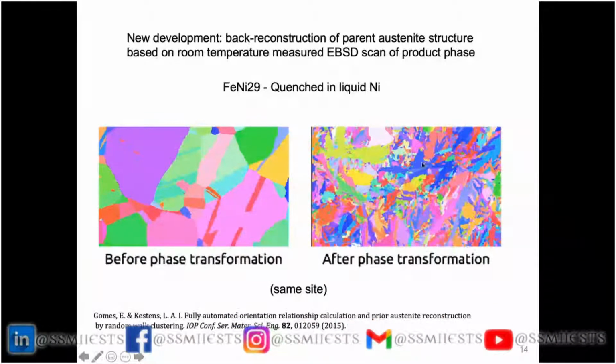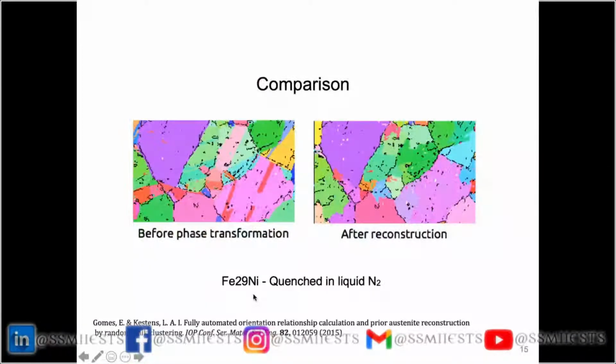And now we are going to use our crystallographic correspondence relations to calculate from this structure back to that structure, and then we can compare. So this is the reconstructed parent phase texture, and this was the original structure before phase transformation.